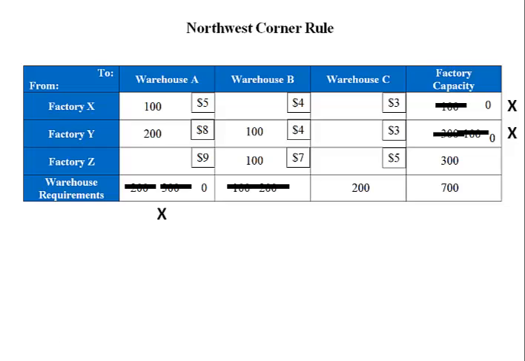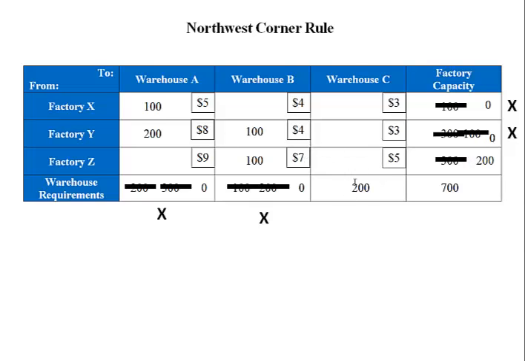That takes that down to 0. And that eliminates that column. Now that I have eliminated the demand here, I'm going to have to adjust my supply, and my supply adjusts down to 200.